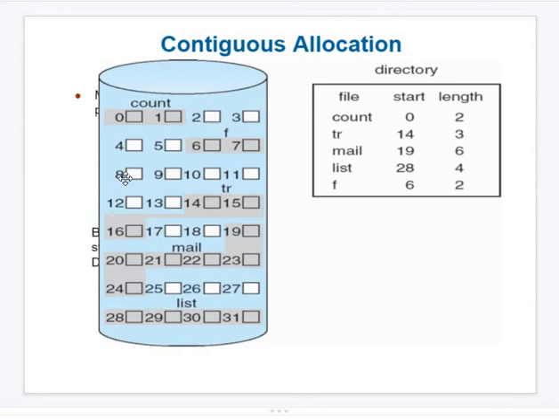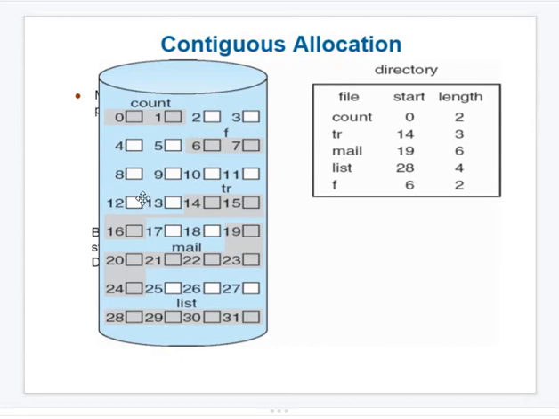I can fit only at 8 onwards: 8, 9, 10, 11, 12. Up to this much I will fit. I will allocate. So 5 blocks requested, 5 blocks given. Hence, H file, starting address 8, length is 5, updated in the allocation table.